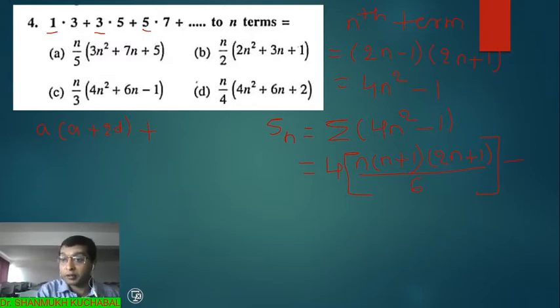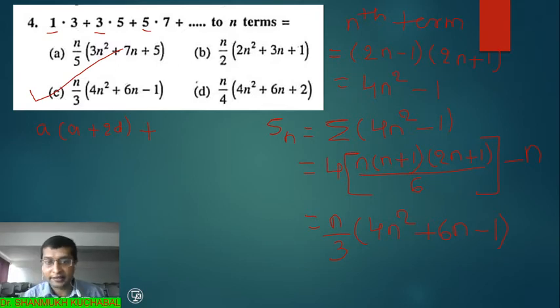Summation of 1 you have to remember, the answer is n. If you simplify this, we get n divided by 3 into 4n square plus 6n minus 1. Therefore option C is the right answer.